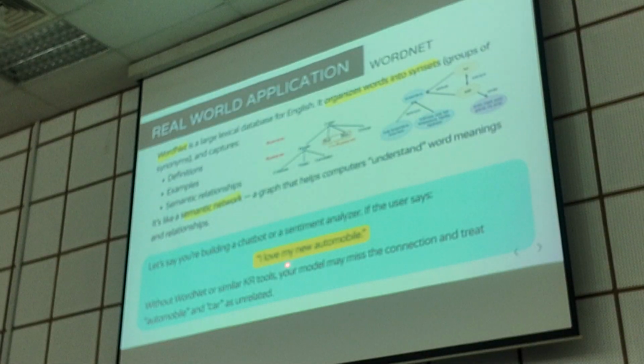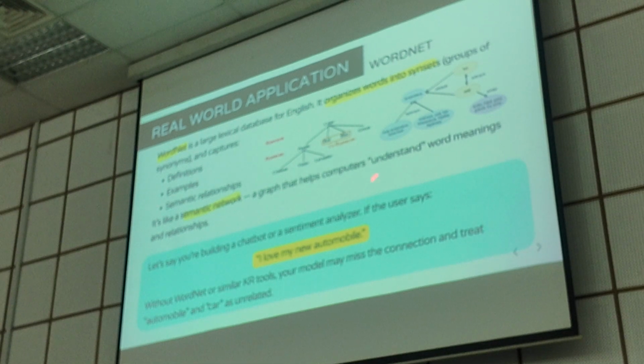This WordNet consists of definitions, the meanings of the sentence, examples, as well as, most important, the semantic relationships. Why do we need to do all these things? One of the reasons is we want the machine to try to understand the word meaning. We do word embedding, we do WordNet, we do so many things, so much research.